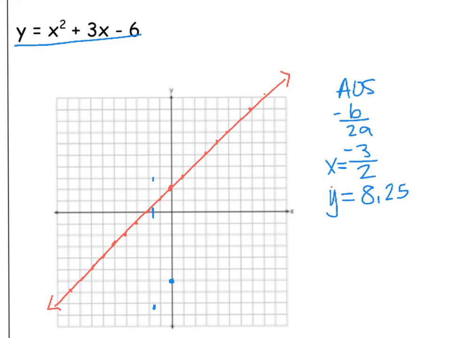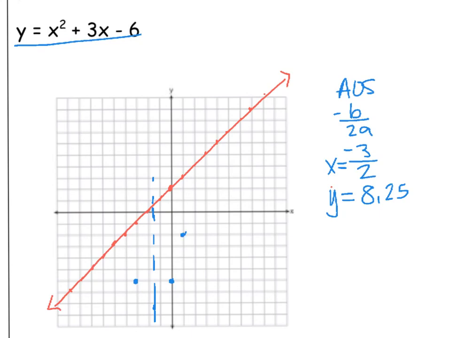So since we know that this is the axis of symmetry, the points are equidistant, so I can graph another point right here. I'm going to plug in the point 1, and 1 squared plus 3 times 1 minus 6 is going to give me a -2.